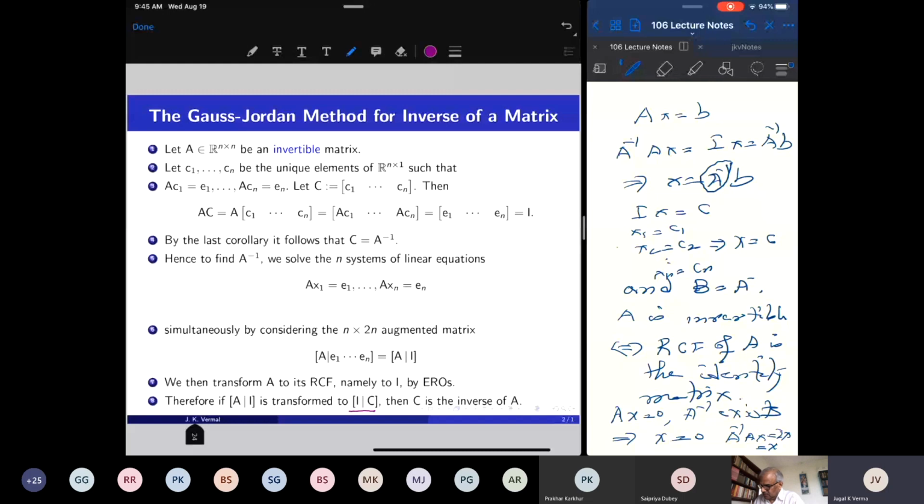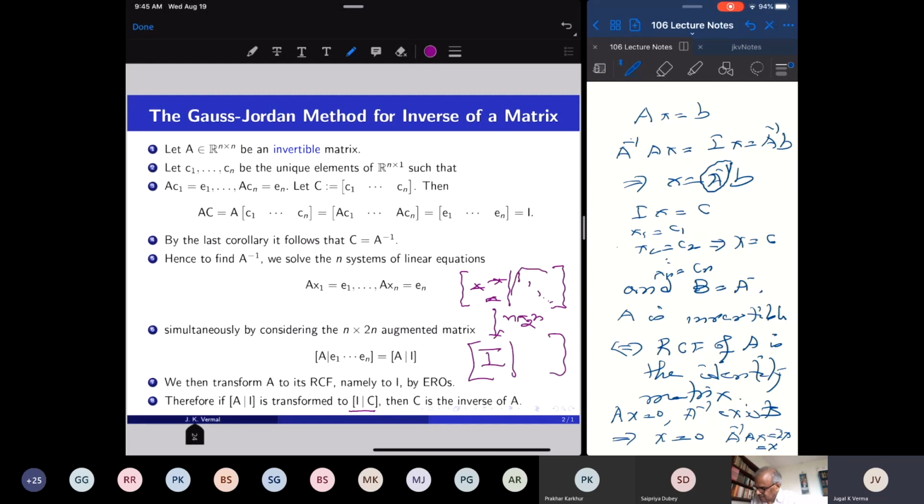Right? So it is saying that if I want to find the inverse of a matrix, then just put the identity matrix next to it and make this n by 2n matrix, and do elementary row operations until we reach the identity matrix here.